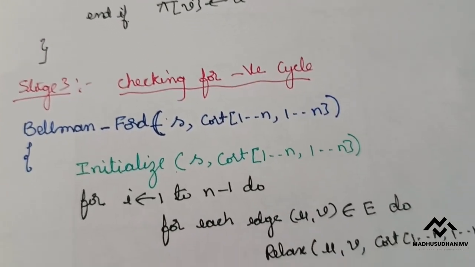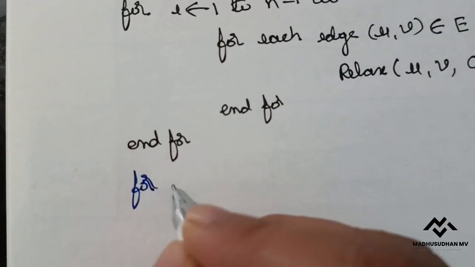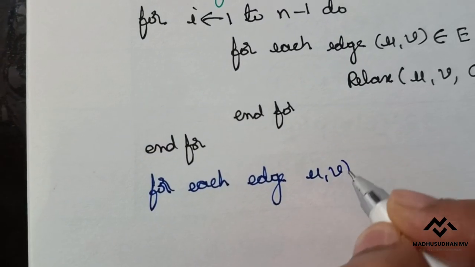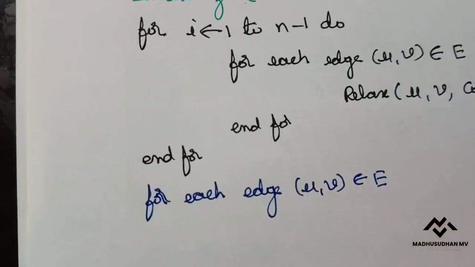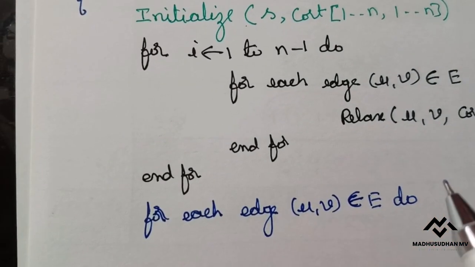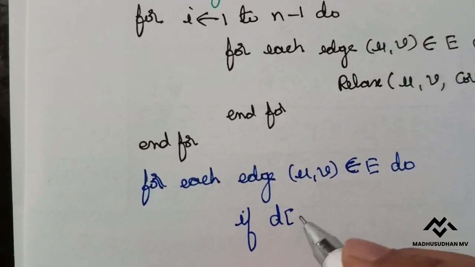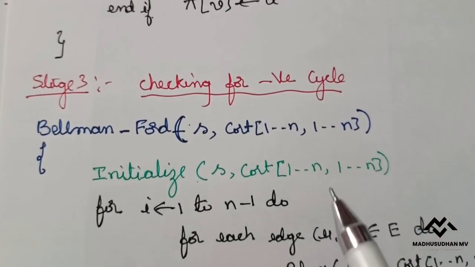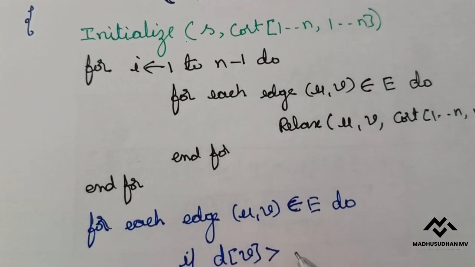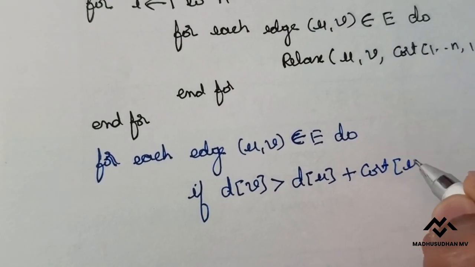For that, what I will do: for again each edge in general u comma v belonging to our set of edges, we need to check if the distance of v, same condition we used in the relaxation, is greater than distance of u plus cost of u comma v.